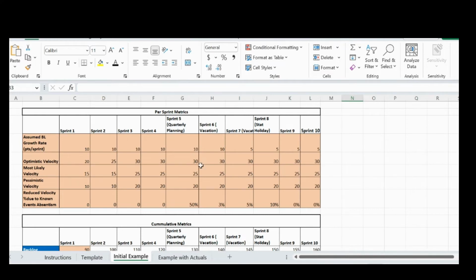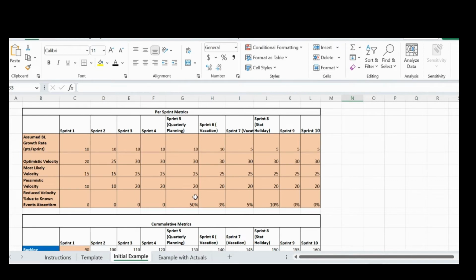Now, there is one useful row here: reduced velocity percentage due to known events and absenteeism. There are certain events that you can already plan for, such as people going on vacation or people being away due to a hackathon or something as such.